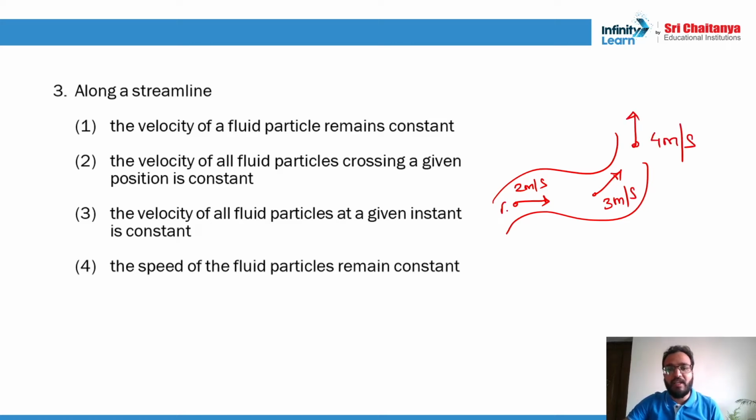Let's say these are point A, point B, and point C. Whenever a particle comes to A, it will definitely have velocity 2 meter per second. When the same particle goes to B, again it will have 3 meter per second only. And when it goes to C, it will have 4 meter per second. That means the value of the velocities at different points is constant. So whenever molecules reach those points, they acquire those constant velocities. Are you understanding this? So second option must be the correct one.